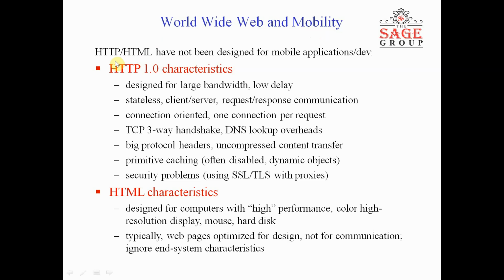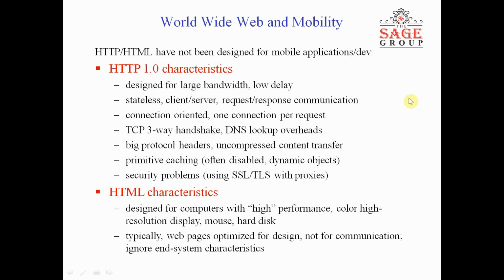WWW uses HTTP, and mobility uses HTTP and HTML. Currently, HTML and HTTP have not been designed for mobile applications. What are HTTP characteristics? Designed for large bandwidth, low delay, stateless. It is client server architecture, request response communications, connection oriented.